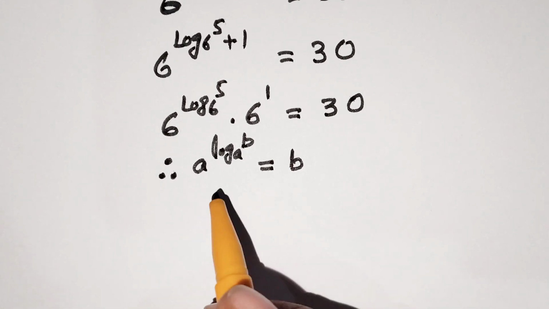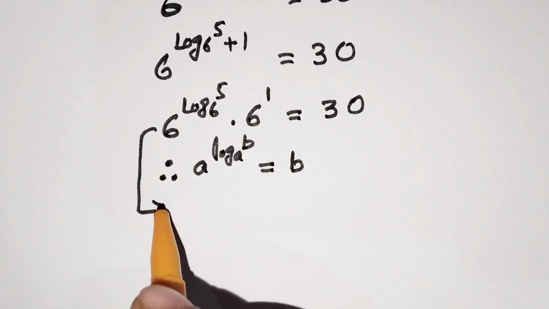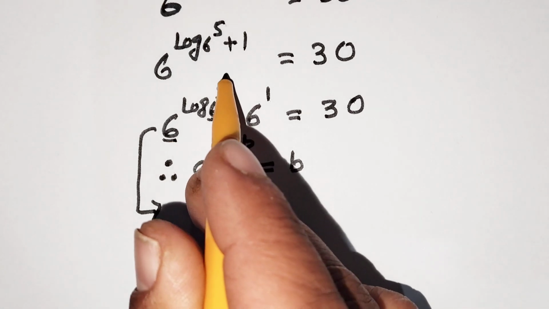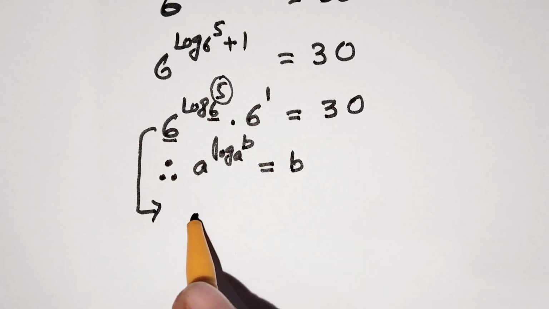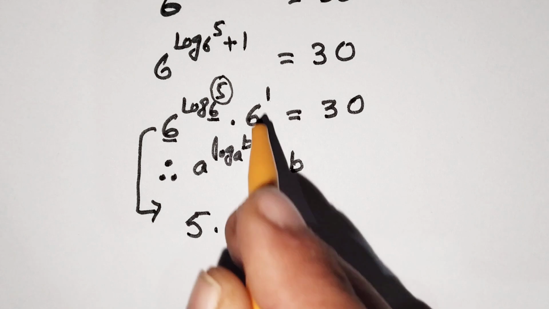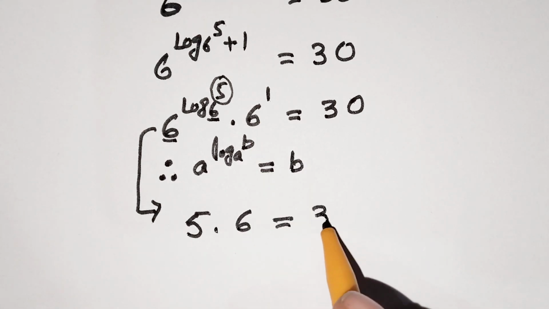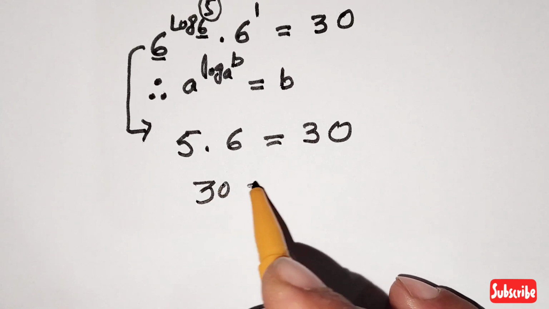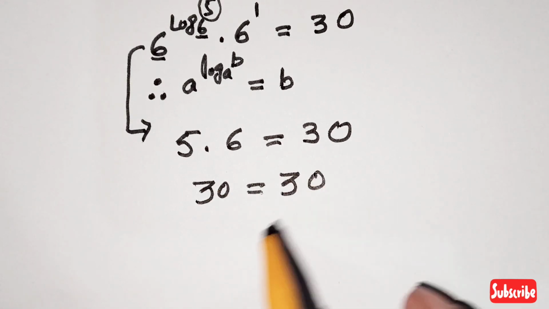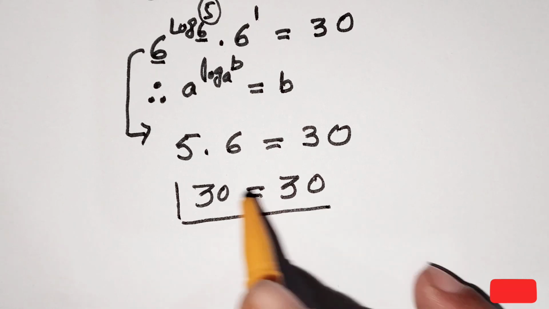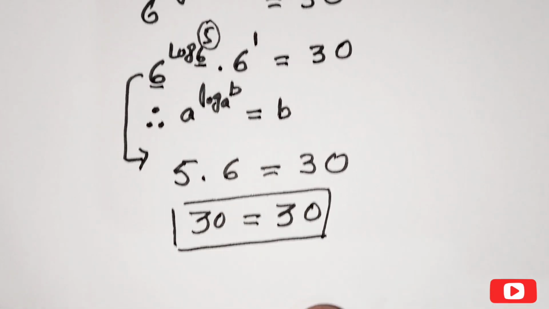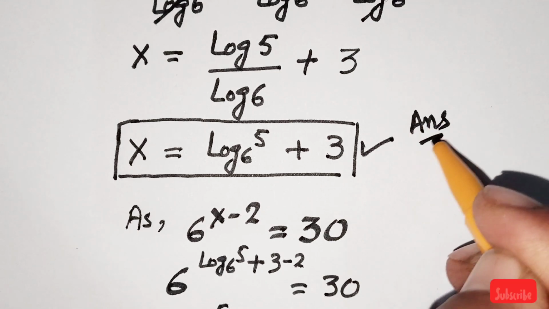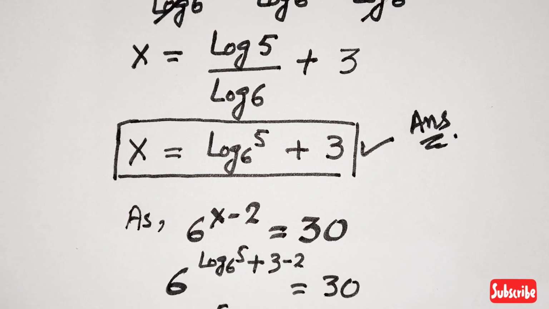Putting this rule in the equation, the 6 and the log base 6 cancel, so we get 5. So the result is 5 times 6, which is equal to 30, and we know that 5 times 6 is 30. So our answer is correct. Left hand side is equal to right hand side, so this is the value of x, which is what we wished to prove.